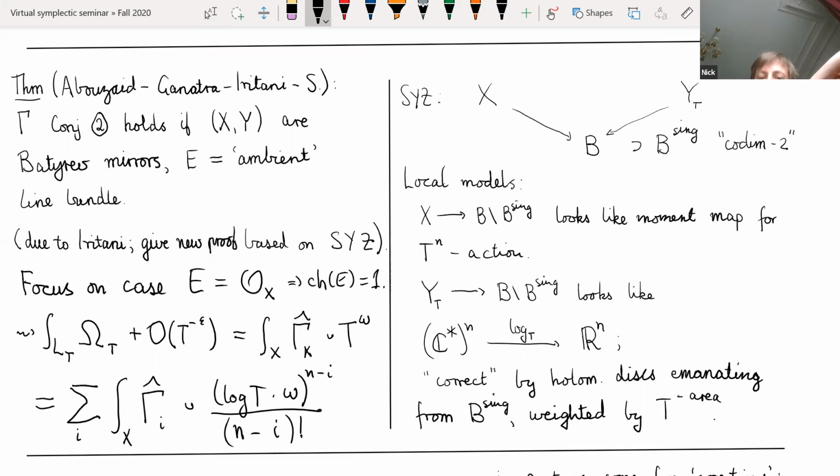And on the algebraic side, the torus fibration looks like the map from C star to the n to R to the n that takes log t of the modulus of the coordinates. So that's sort of the zeroth order bit, and then we need to correct by holomorphic disks emanating from the singular locus, weighted by t to the minus area.